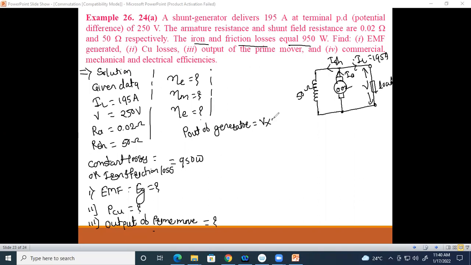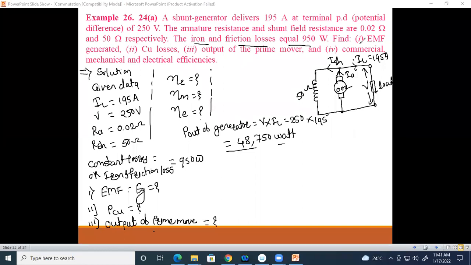That means V into load current IL. V is 250 into IL, which is 195. P out is equal to 250 into 195, which is 48,750 watt. So the output power we know.